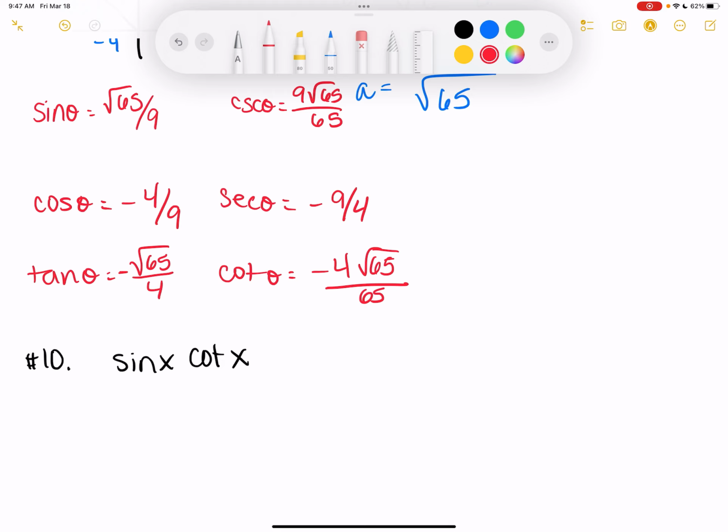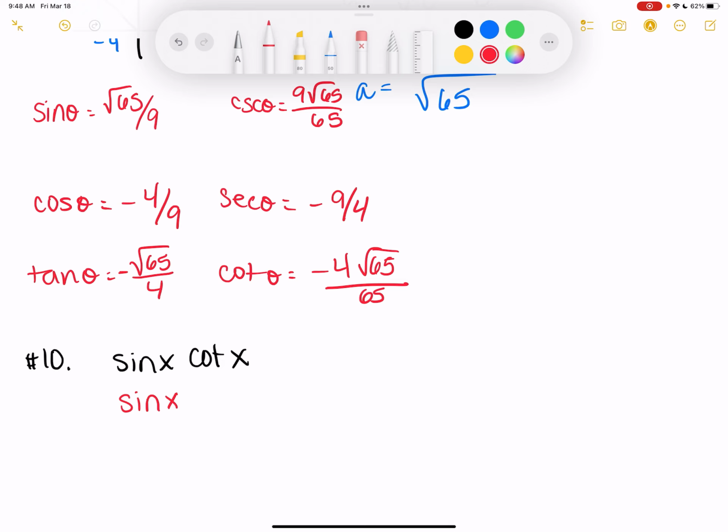Cotangent can be rewritten as 1 over the tangent of x. That's one way I can rewrite cotangent, but I want to get something that might let me cancel something with sine. So I want cotangent in terms of sine and cosine, if possible.